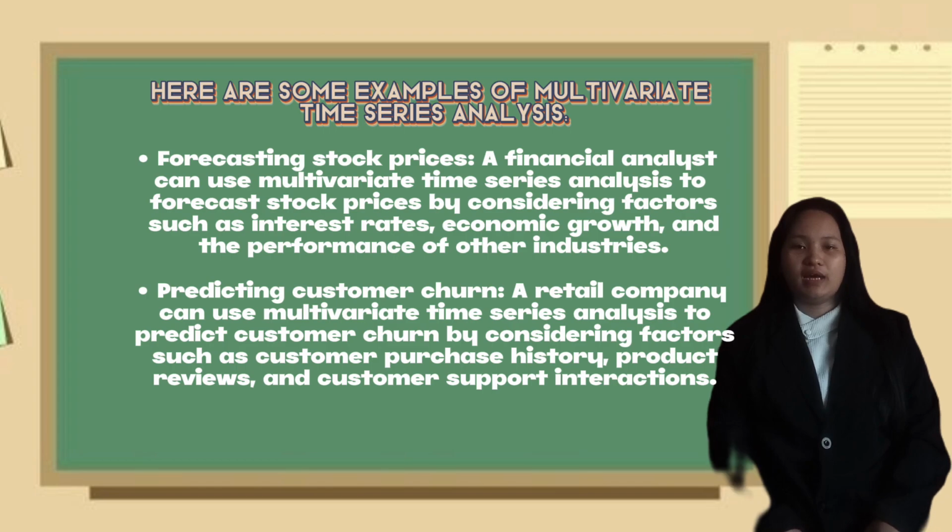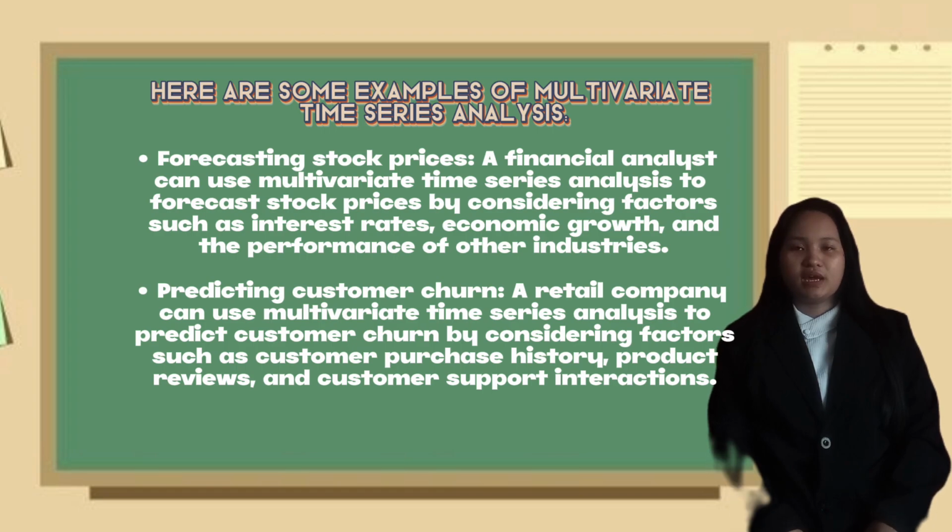If a customer has suddenly stopped buying as frequently, has left negative reviews on recent purchases, and has emailed customer support several times with issues that haven't been resolved, the multivariate time series model may indicate that the customer is very likely to churn.